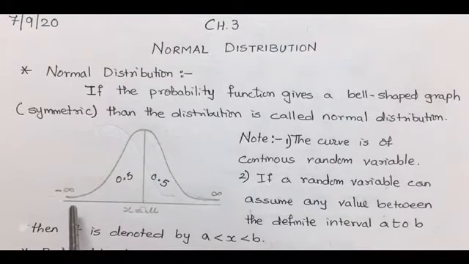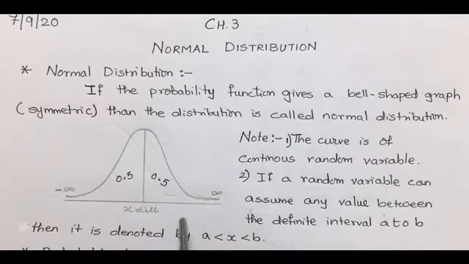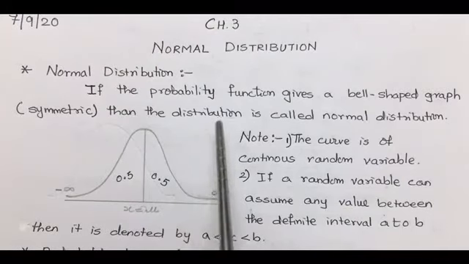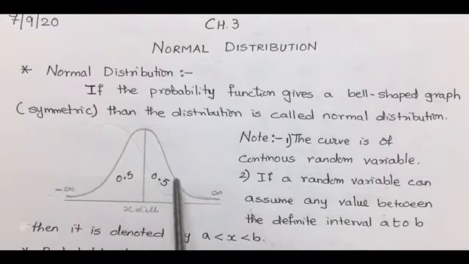There also a curve in the form of bell shape was being drawn, but that bell-shaped curve was not symmetric. Either it was negative or it was positive, but not symmetric. But once, if the bell-shaped graph becomes symmetric, means there is no skewness, then the probability function is called to be normal distribution.